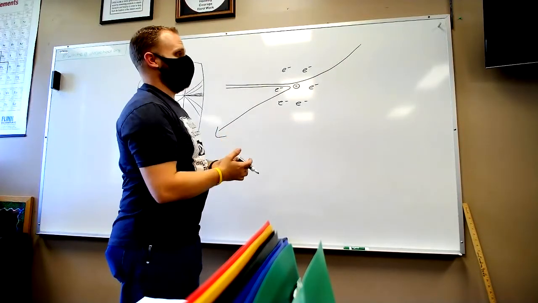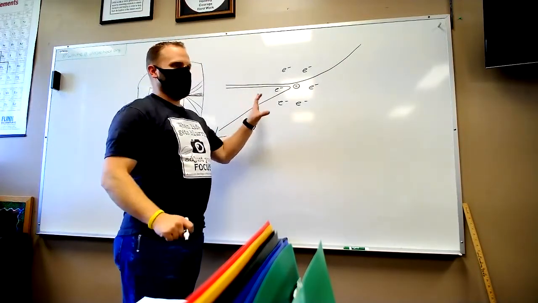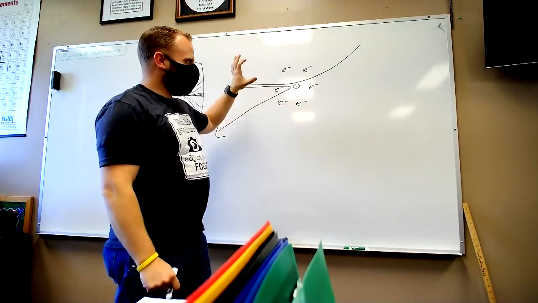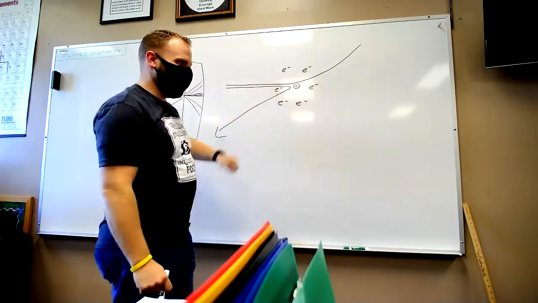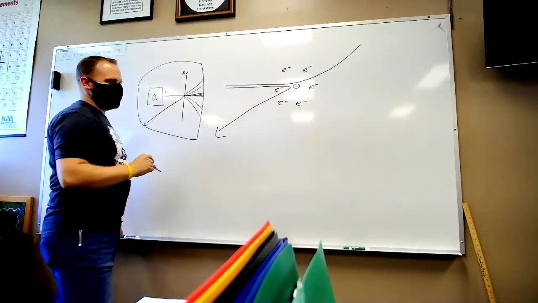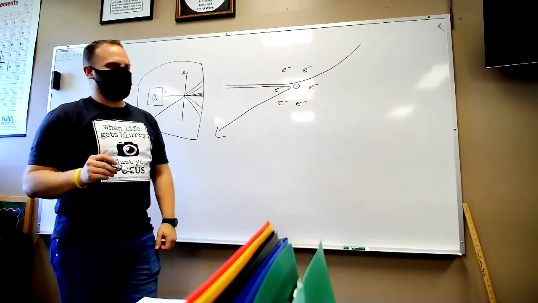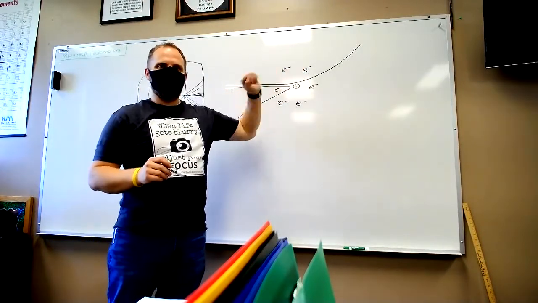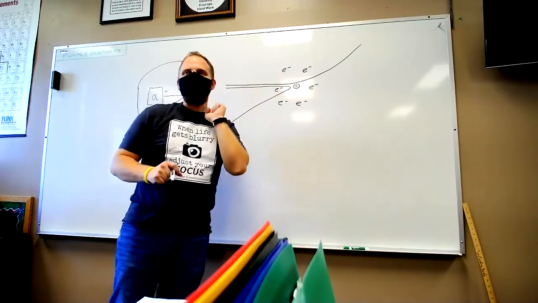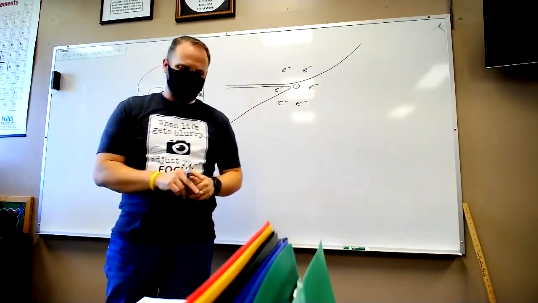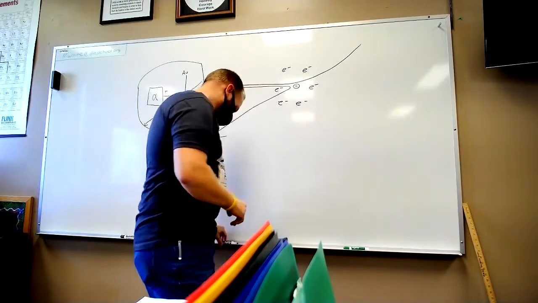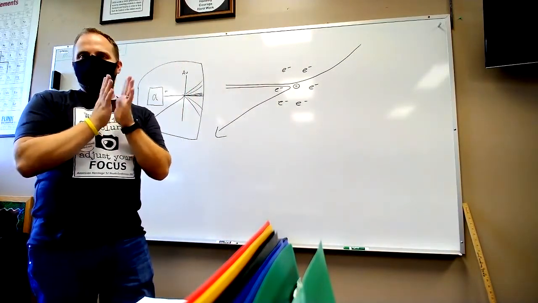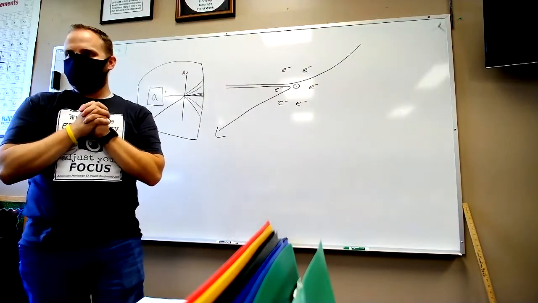Now, the interesting thing is, this also explains how we can get particles to move through a solid piece of foil, because this becomes empty space. A lot of people didn't really love the fact that his new model said that solid has a lot of empty space in it.